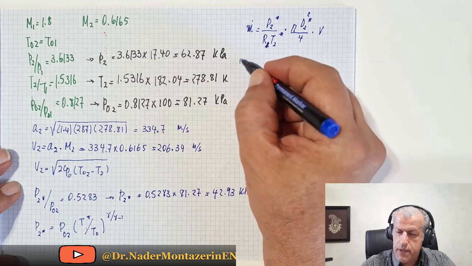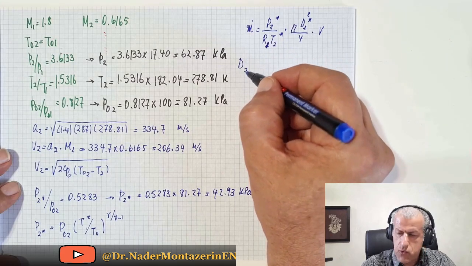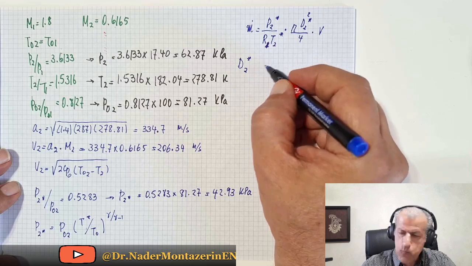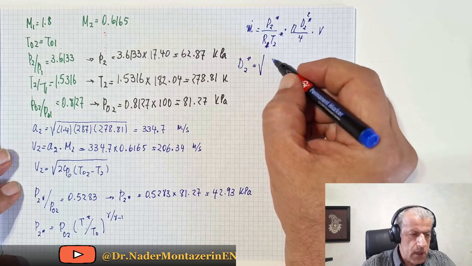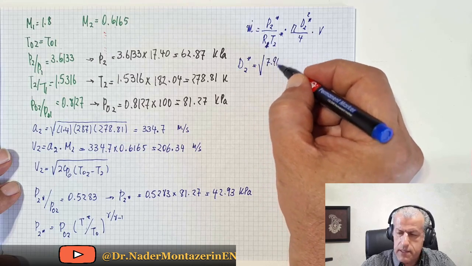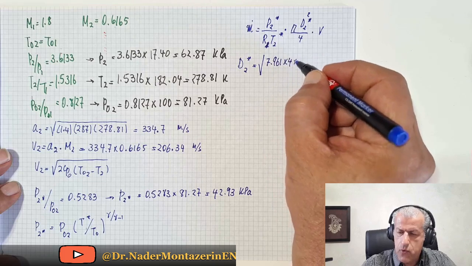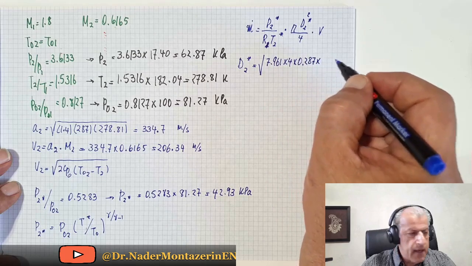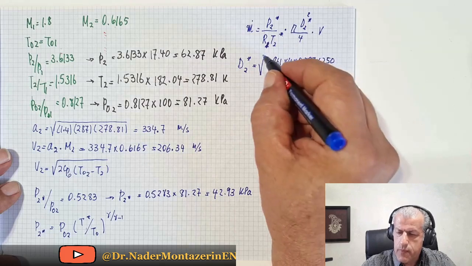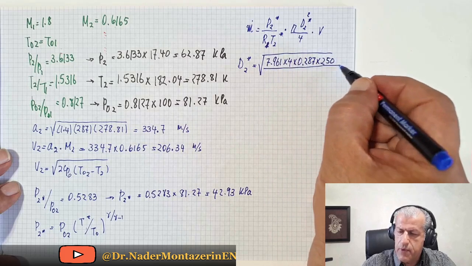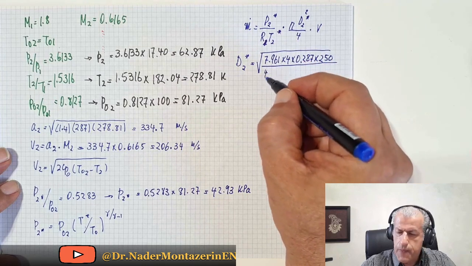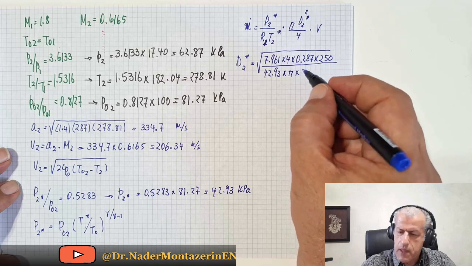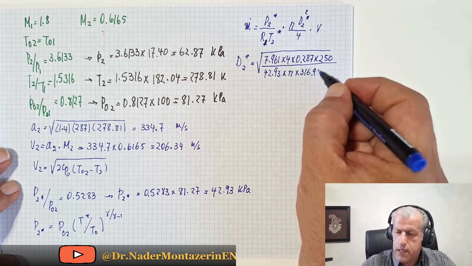And therefore, D2 star, which is the diameter of the second throat when the shock wave is present, would be the square root of 7.961 times 4 times 0.287 times 250, divided by 42.93 times pi times 316.94.